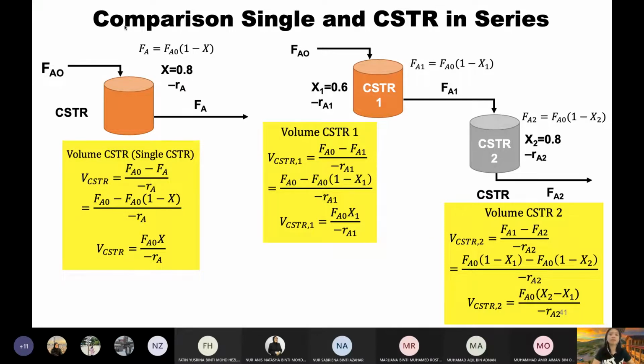Kamu kena faham konsep dia adalah reactor punya volume ni is depending on conversion and the molar flow rate. So we have to calculate volume, dia tak semestinya akan sama. We can calculate the volume of the reactor for reactor 1, reactor 2, reactor 3, depending basically on your conversion. So from the conversion tu kita akan kira volume reactor dia.